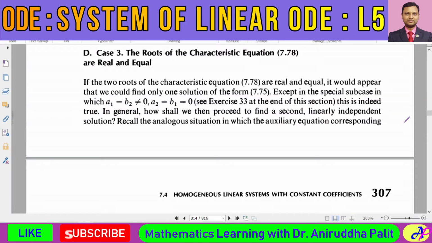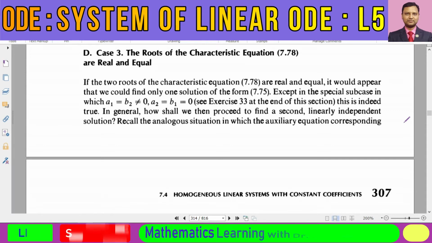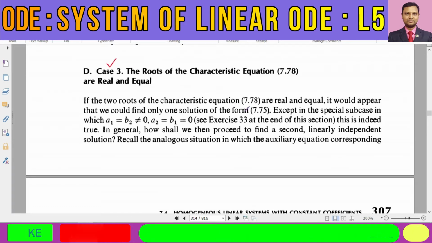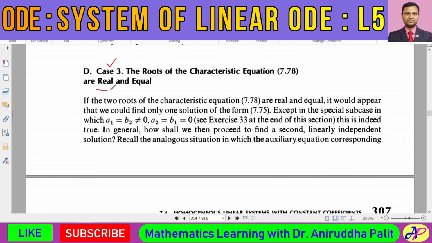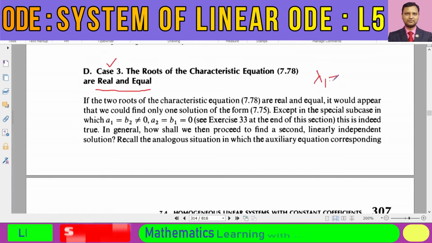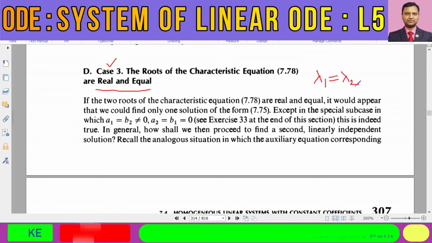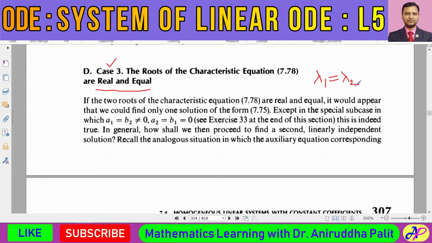Here we discuss the third case, when the characteristic roots of the equations are real and equal. That means when lambda 1 is equal to lambda 2. In that case, we will have to find the solution of the given differential system.